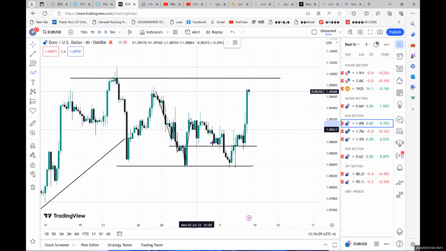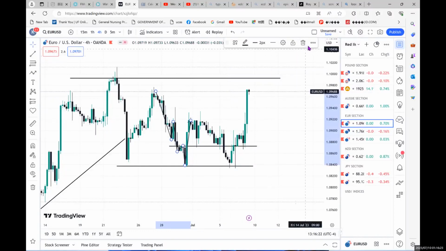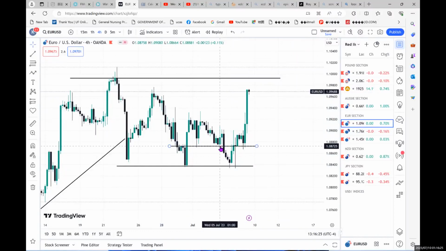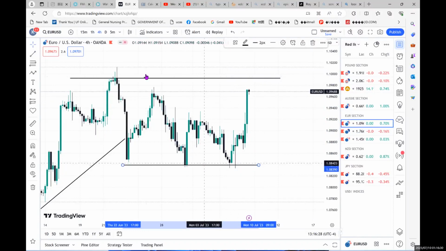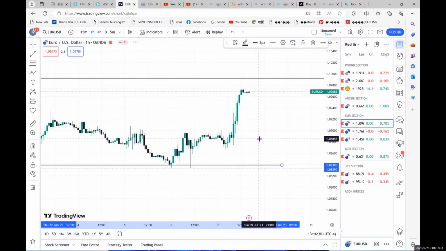So price pulled back. And I actually took a buy at this level here. And I was expecting price to push back up here, but I got stopped out and price came all the way back down to the support level. But my bias was still bullish on Euro USD.